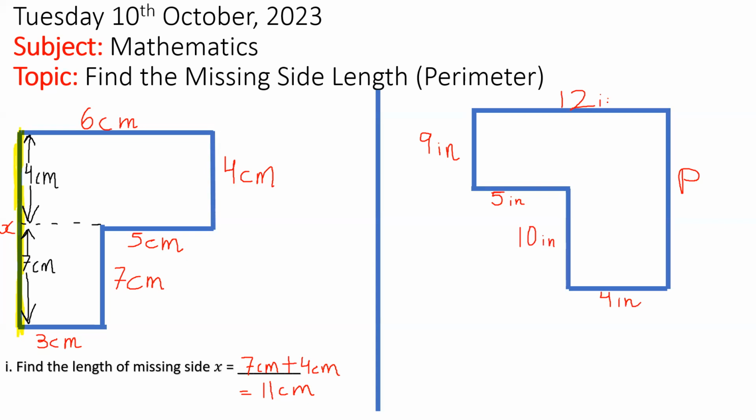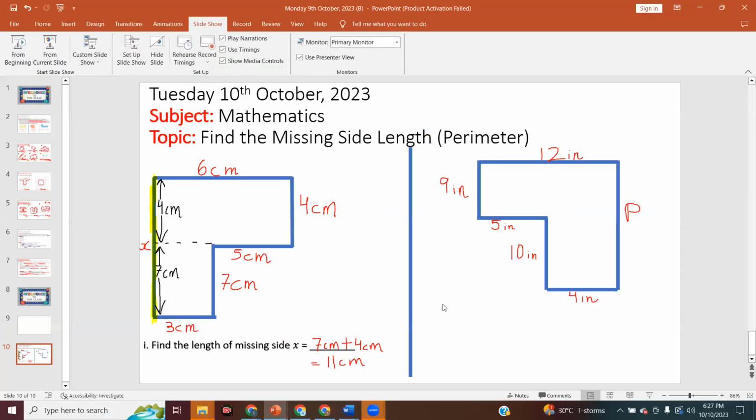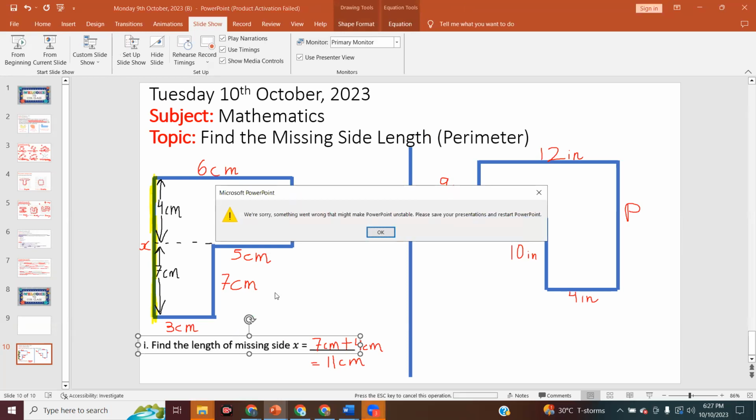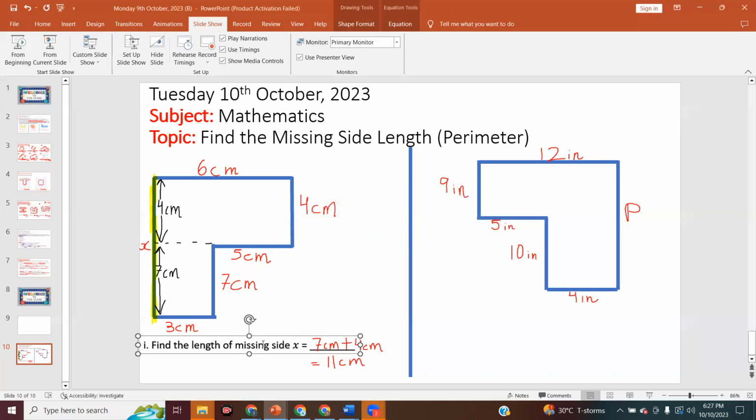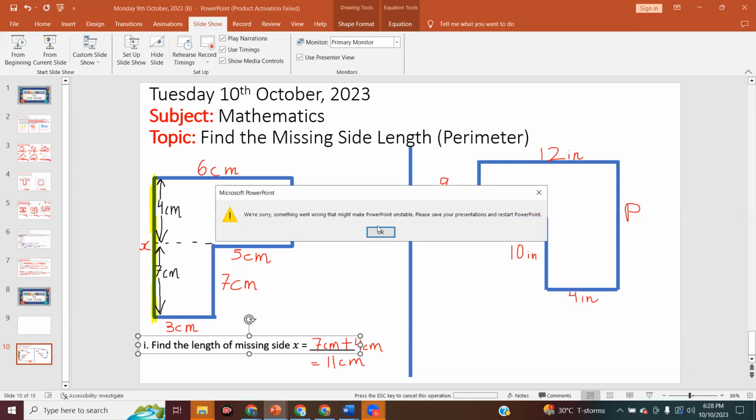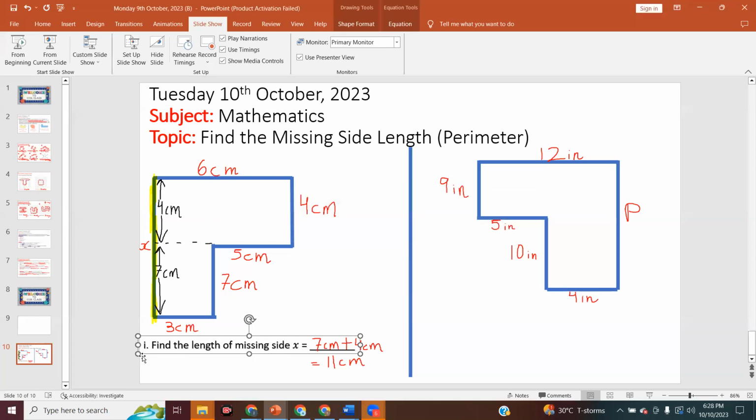So inside the chart, tell me what is going to be the value of the missing side P. Again, tell me what's the value of the missing side P. Let me move this.